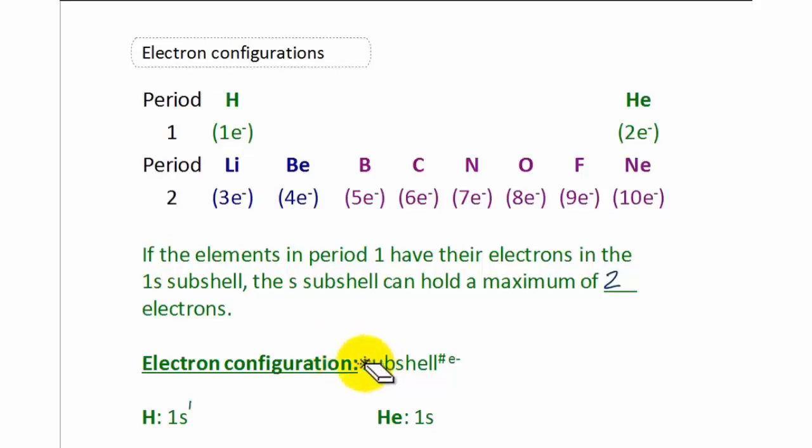So it always goes the name of the subshell, and in superscript right here, how many electrons are in it. So hydrogen's electron configuration is 1s, because that's the first place electrons can go, and hydrogen only has one electron, so it's just 1s with one electron in it. That just means one electron.